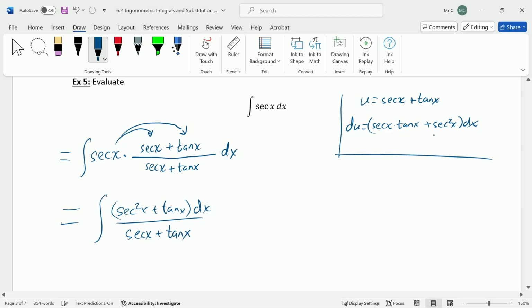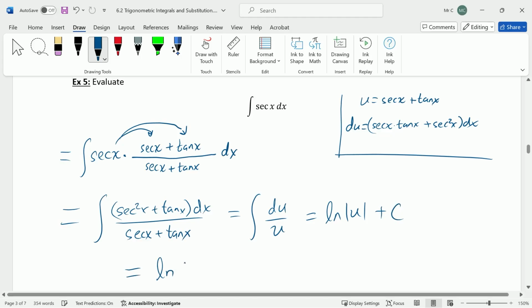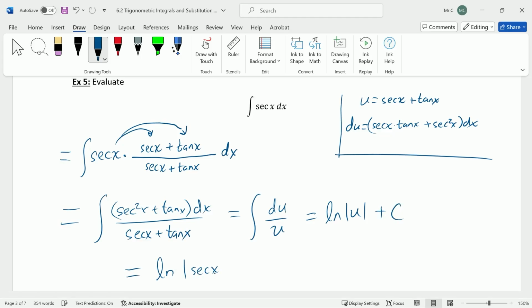So that's perfect. My numerator is the same thing that I have for du here. My denominator is u. So I do my u substitution. This is du over u, which the antiderivative is the ln of the absolute value of u plus c. And so this is ln of the absolute value of secant of x plus tangent of x plus c.